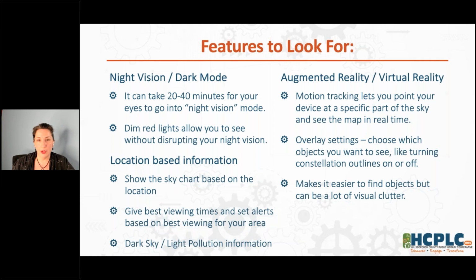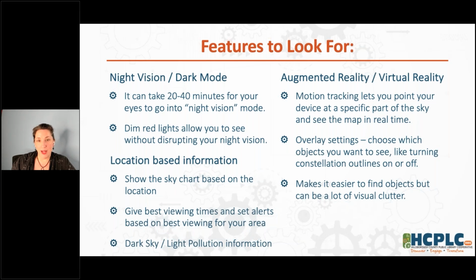The reason that location is important is that the night sky looks different depending on where you are on the planet. Something will be above or below the horizon, or in a different part of the orbit. So in order to show you what's up in the sky, it needs to know at least roughly where you're standing to give you that accurate picture. And that's going to especially come into play with the augmented reality, which we're going to get to now.